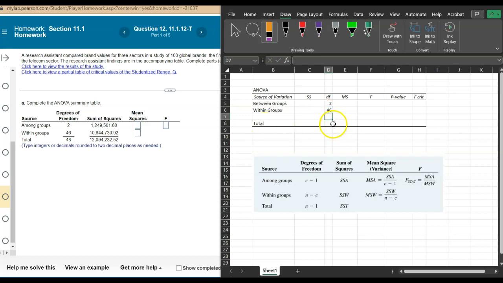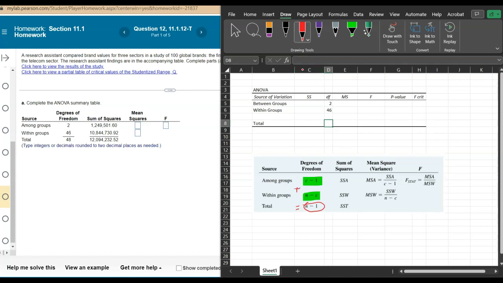For the total, if I add this degree of freedom, the C minus 1 and N minus C, my result would be this one. So you just have to add them up.